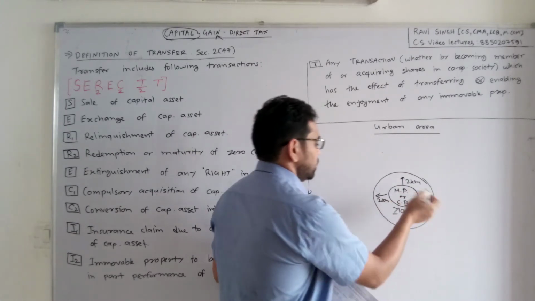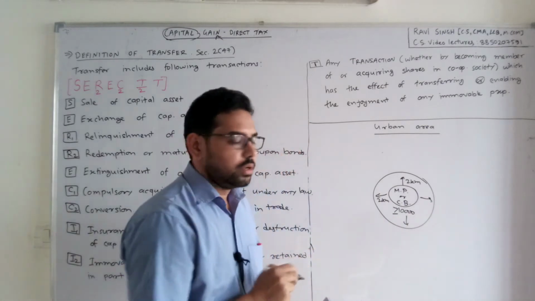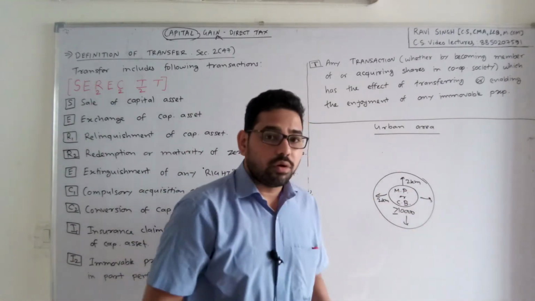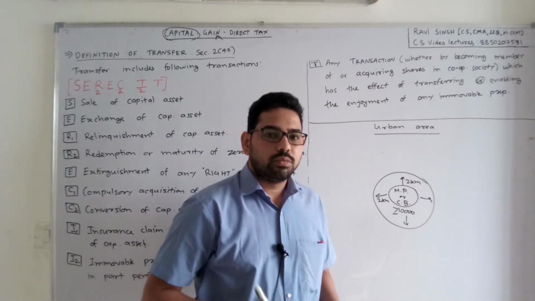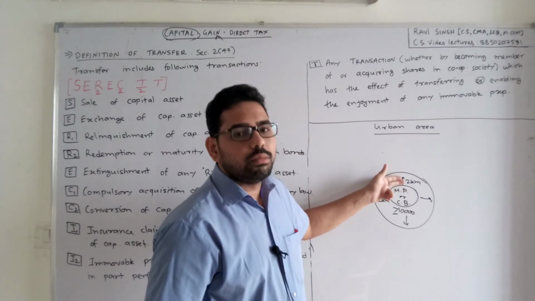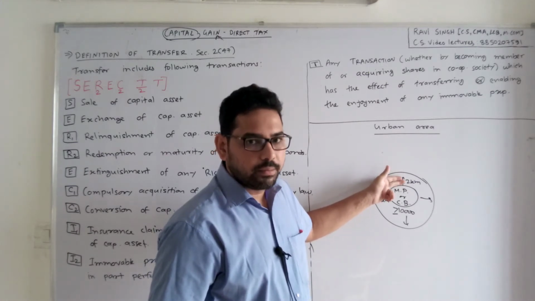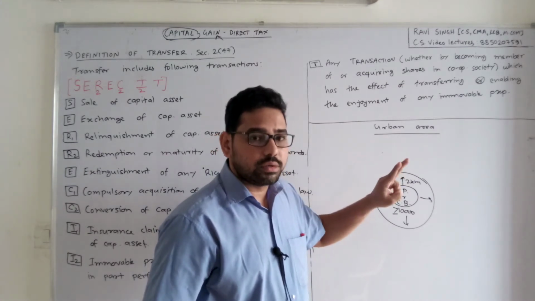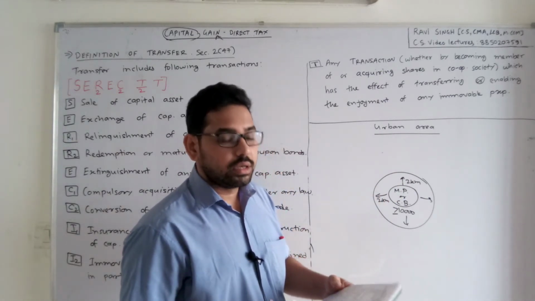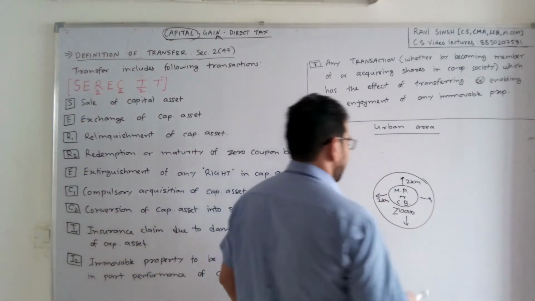So there is another area which doesn't fall within the jurisdiction of municipality, but it is just 2 kilometers away from it, and has the population of more than 10,000 and up to 1 lakh.